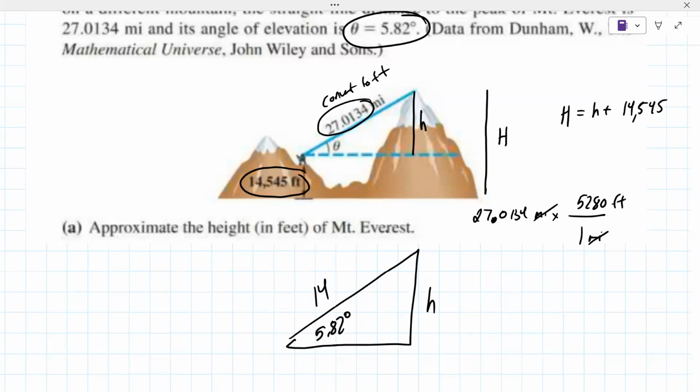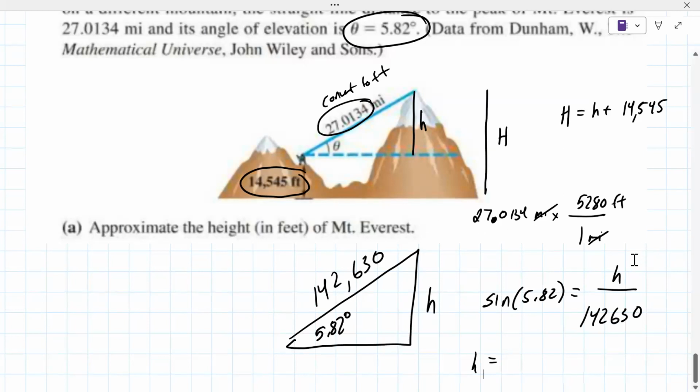142,630. Okay. So now to find H, we've got this angle, opposite hypotenuse, sine of 5.82 equals H over 142,630. You can solve for H now by multiplying both sides by 142,630.